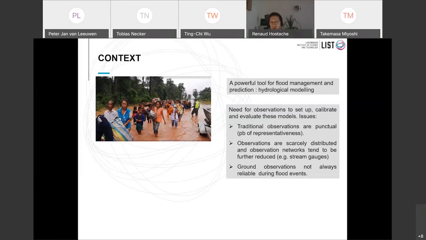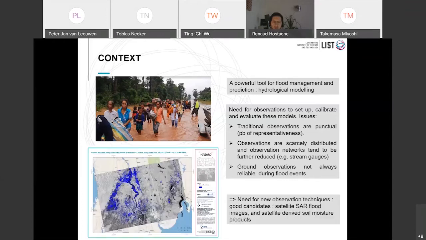These observations are also scarcely distributed, and unfortunately observation networks tend to be further reduced. And one last point is that ground observations are not always reliable during flood events, because sometimes you cannot even collect them due to the danger. So there is the need for new observations to feed these models and to better constrain the hydrological models.